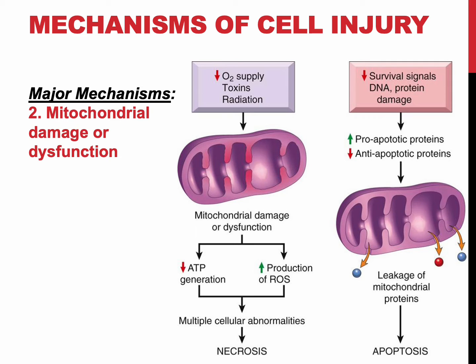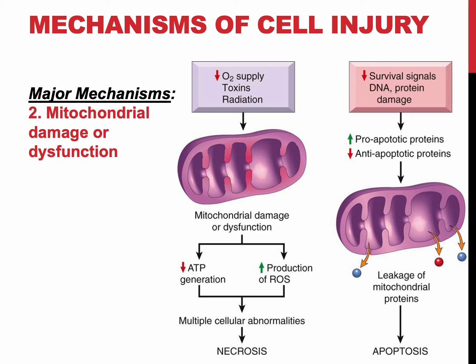But another way it can lead to another type of cell injury and cell death is if you have a cell where you have damage to the proteins of the cell, or decreased survival signal, or damage to the DNA. All of that typically leads to an increase in pro-apoptotic proteins from the mitochondria and decreased anti-apoptotic proteins.